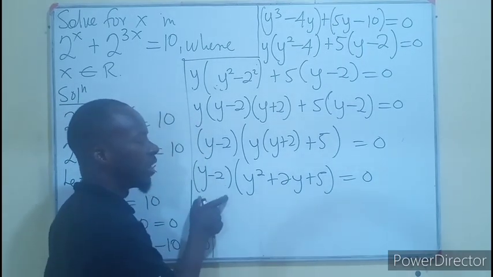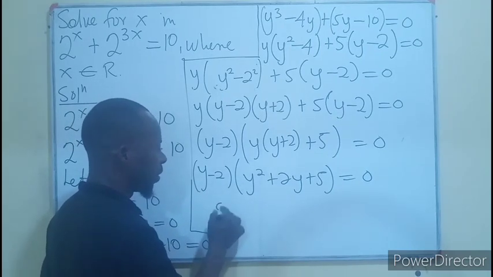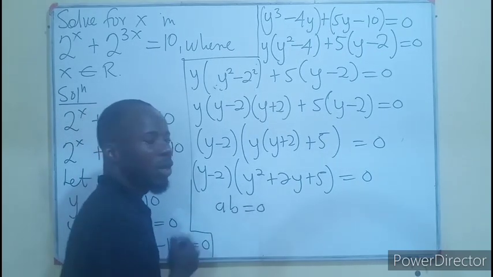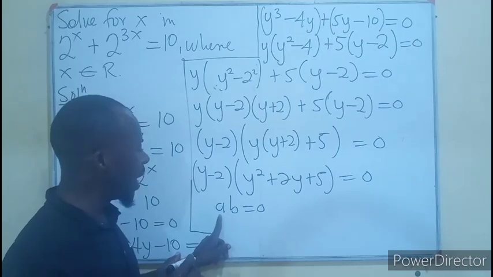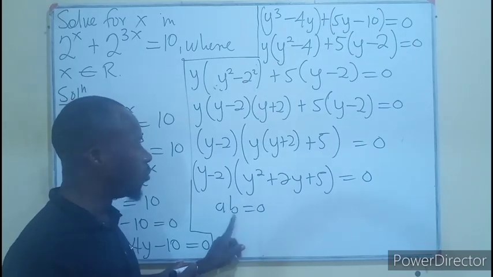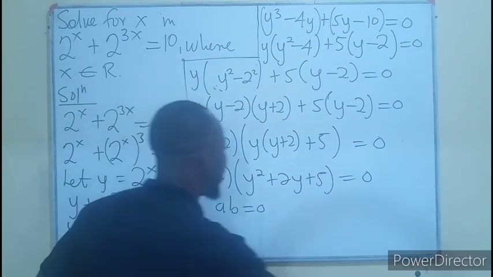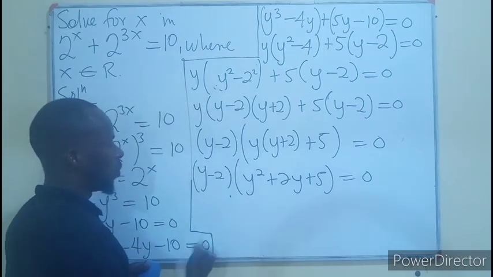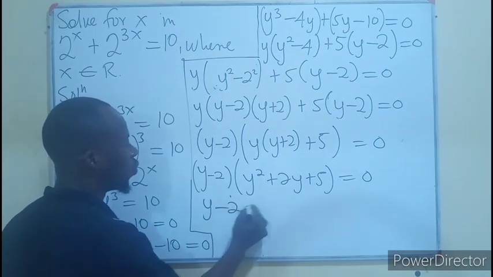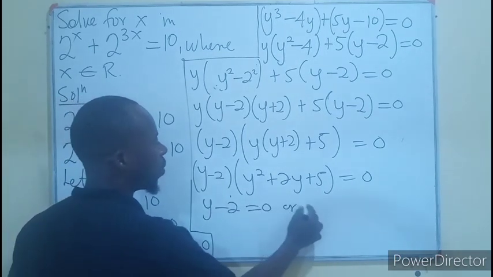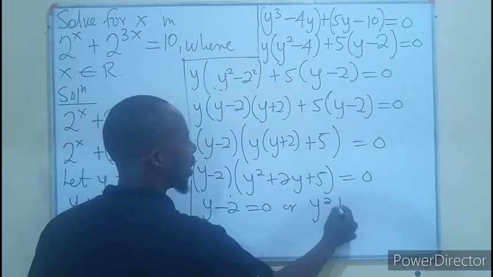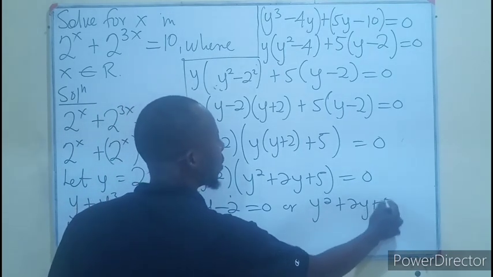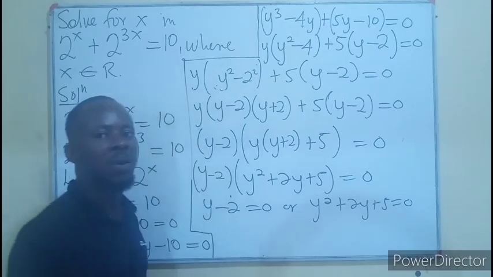So we take this as one term, second term, a times b equals 0, meaning either a is 0 or b is 0. So the first instance, we can say that y minus 2 is equal 0, or y squared plus 2y plus 5 equals 0.